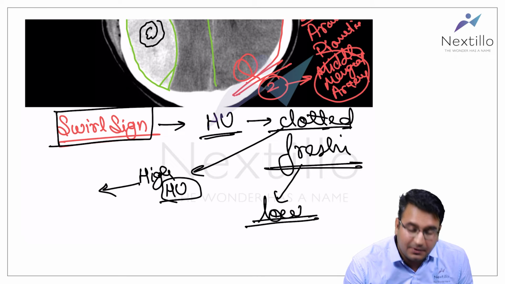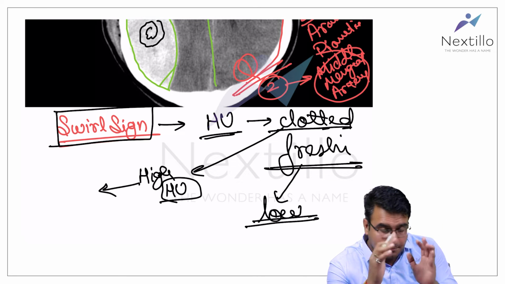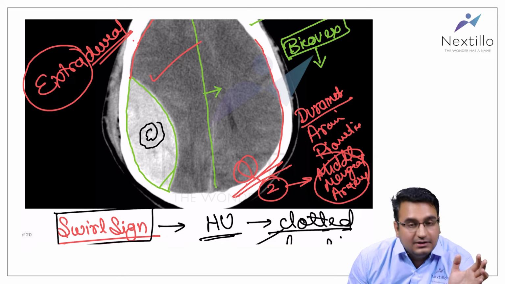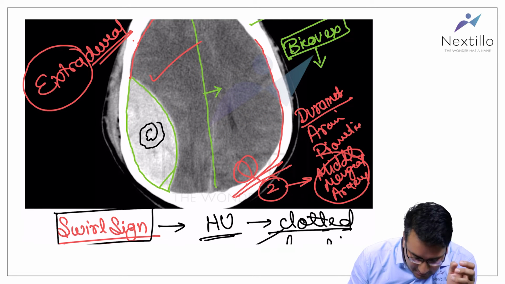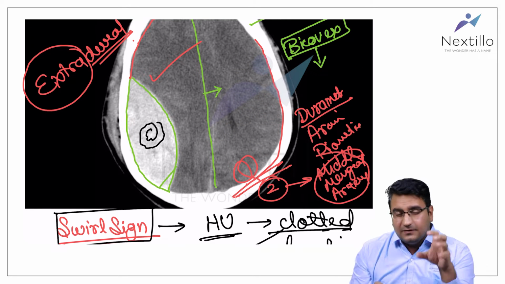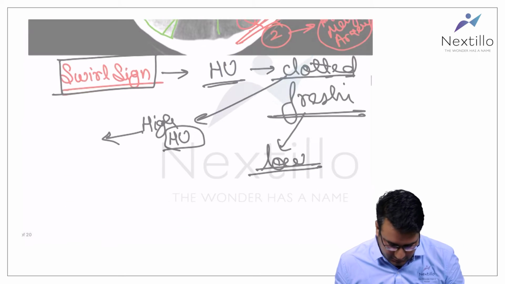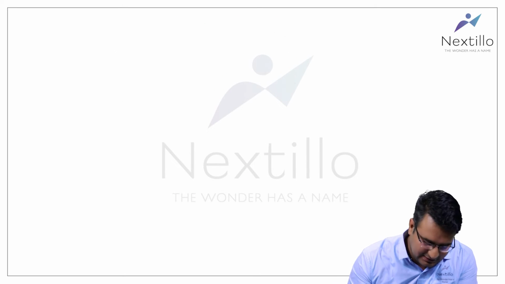The whole bleeding part is looking hyperdense, but if you are able to see a few hypodensities within, that is called the swirl sign, which is due to active bleeding within it.